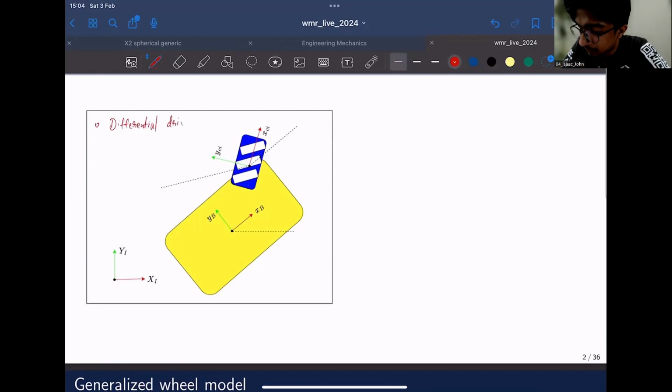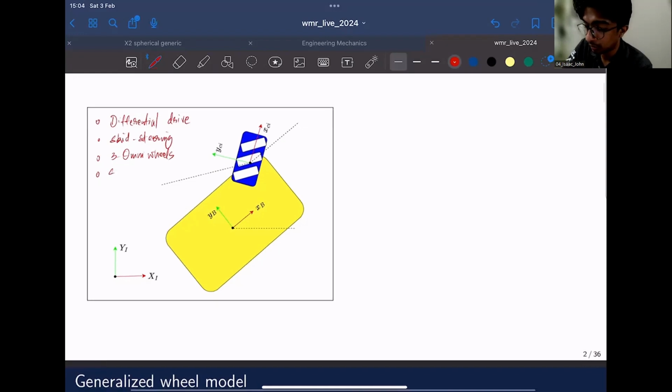We also covered the skid steering configuration. Then we covered a mobile robot configuration using three omnidirectional wheels. Then we also covered a holonomic robot with four mecanum wheels.